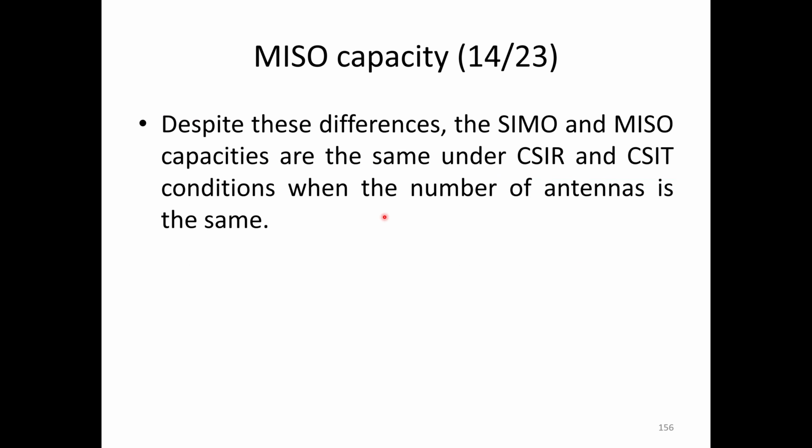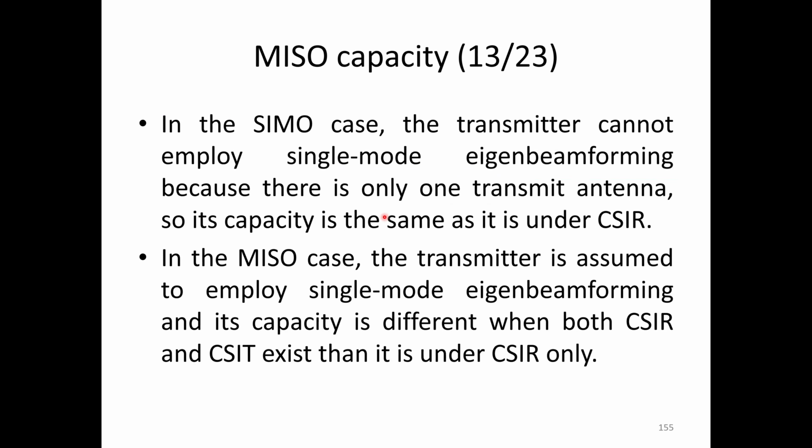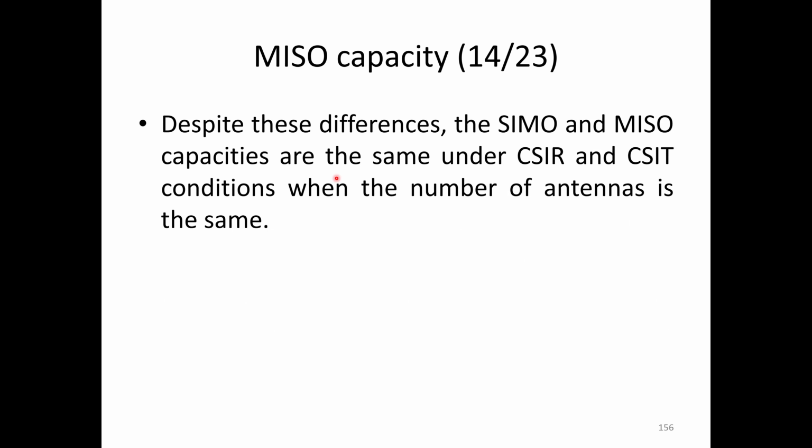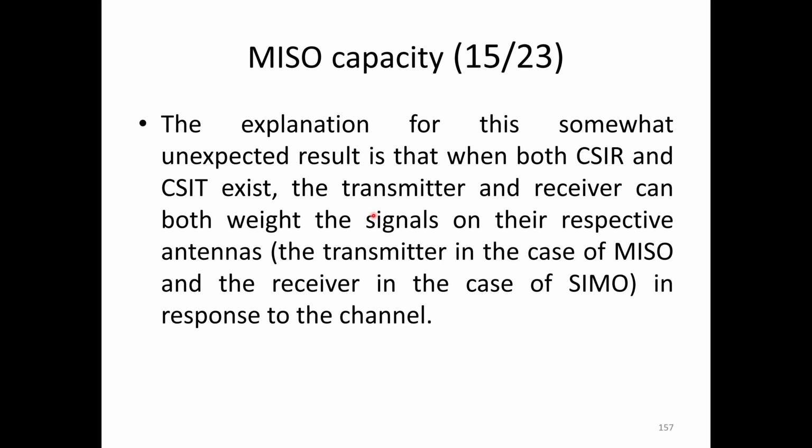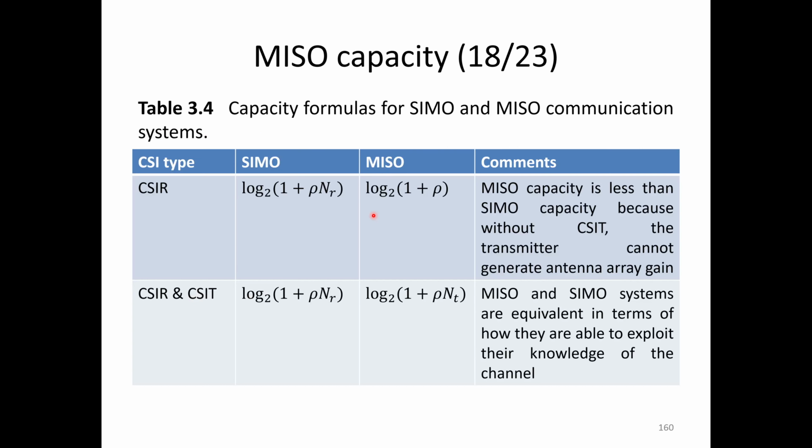Let us go to the next page. Despite these differences, the SIMO and the MISO capacities are the same under CSIR and CSIT conditions when the number of antennas is the same. Let us go to Table 3.4 again.